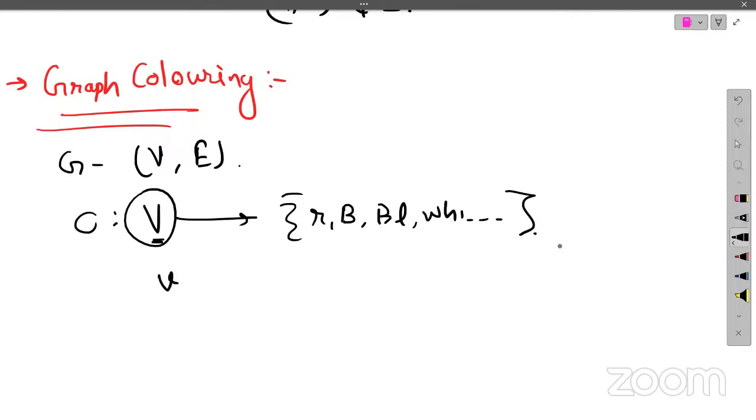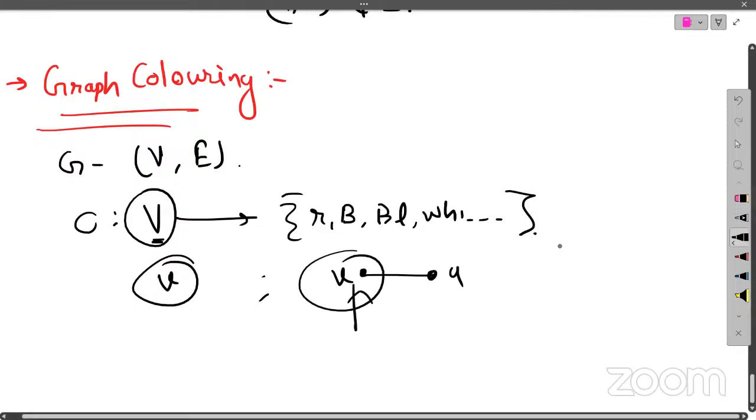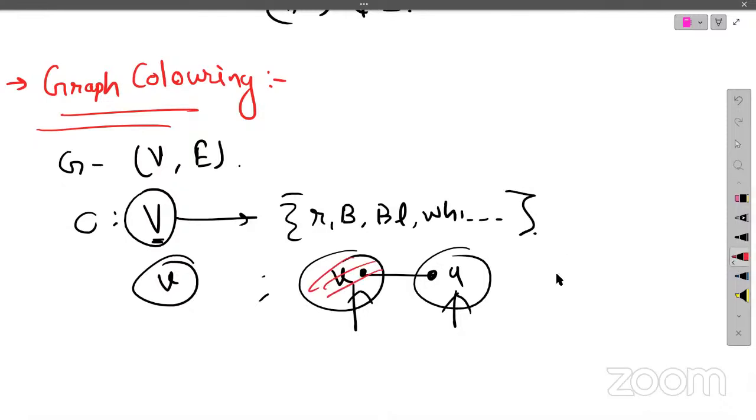So for each vertex, we have to assign a color in such a way that if two vertices are related by one single edge, so suppose there is an edge from V to U, then V should get some color and U should get a different color. So for example, if I color vertex V with red, then I cannot use red for vertex U. I have to use another color.